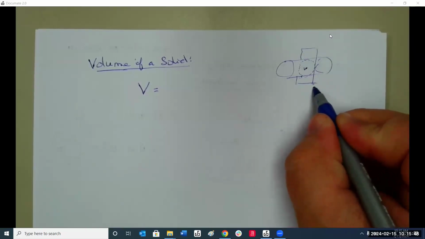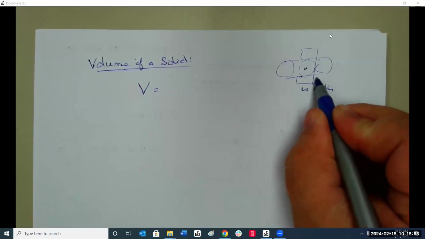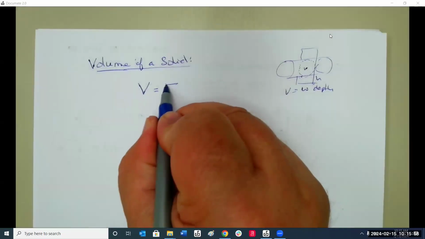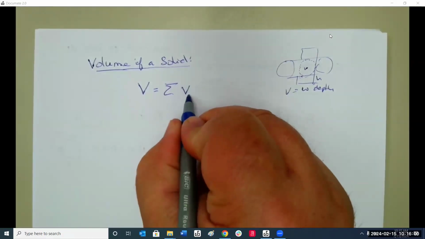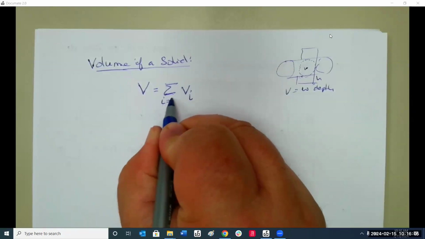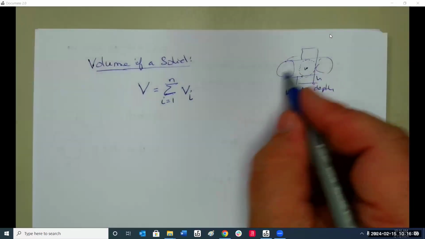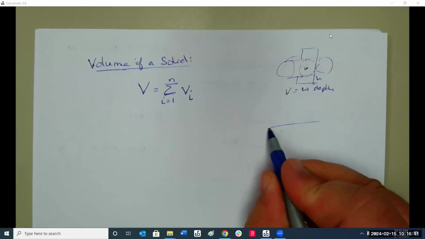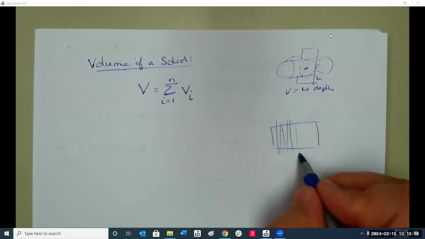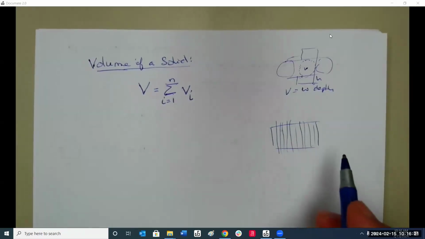This plane has a depth. It has a width and it has a height. So it has a volume. So if we add up all those volumes, looking at it from the side, here's our cylinder. We're going to slice, slice, slice, and add up the volume of all these slices.